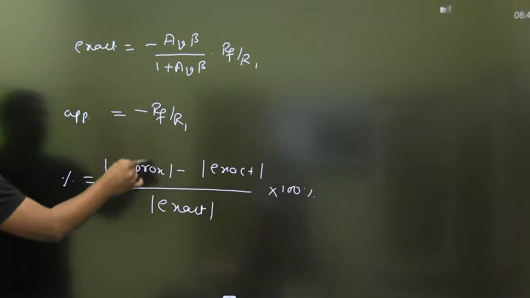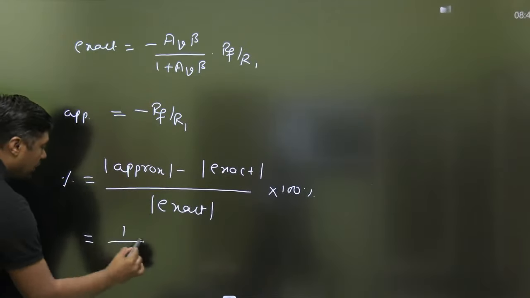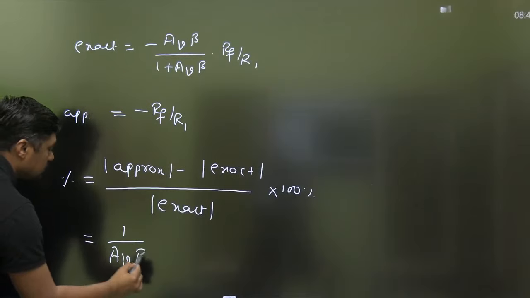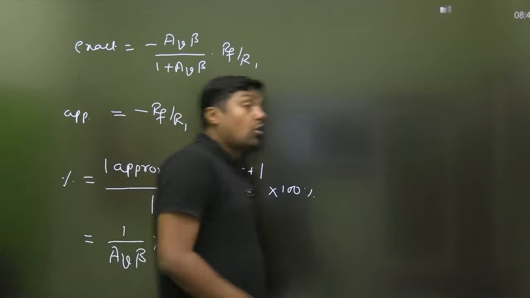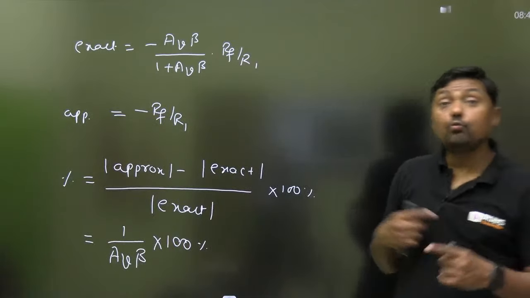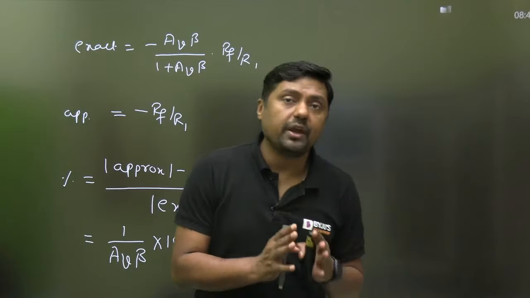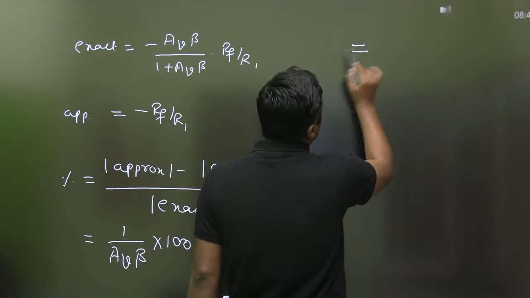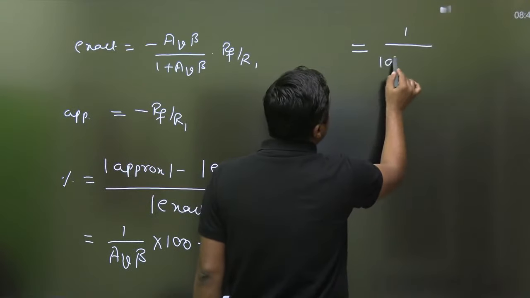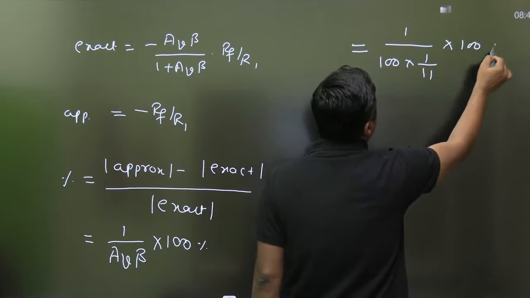Put all these values, RF by R1 is cancelled out, and you are going to get 1 by AV beta. That is called the error in calculation when we are solving the question by using the approximate solution. So what is AV beta? Error is given by 1 upon AV beta into 100%.